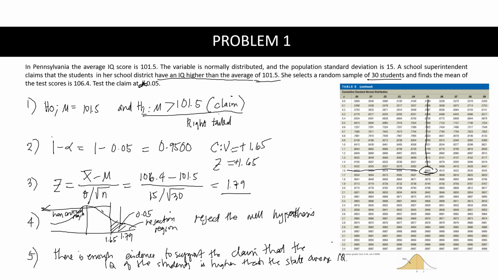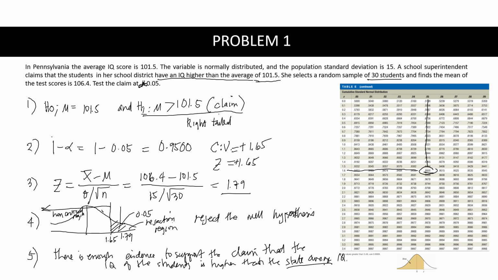So the claim is that a superintendent claims that the students in her school district have an IQ higher than the average of 101.5. That means our claim is that the IQ is higher than the average of 101.5.